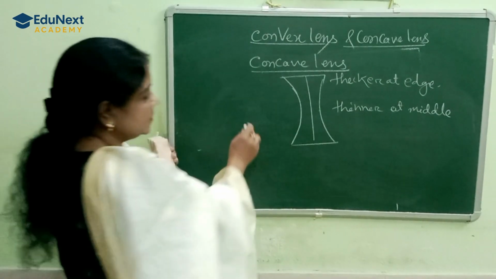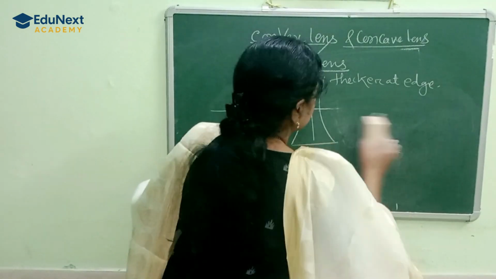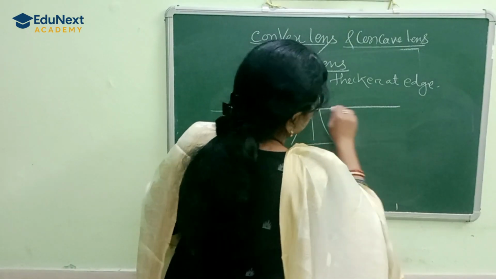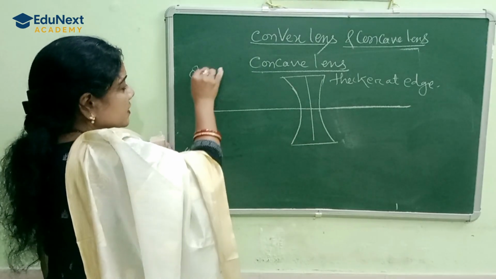Now see, if I draw a principal axis, and my object is here. This is my object.